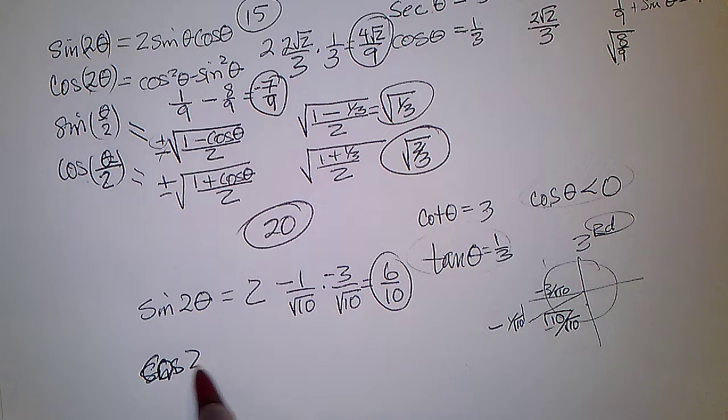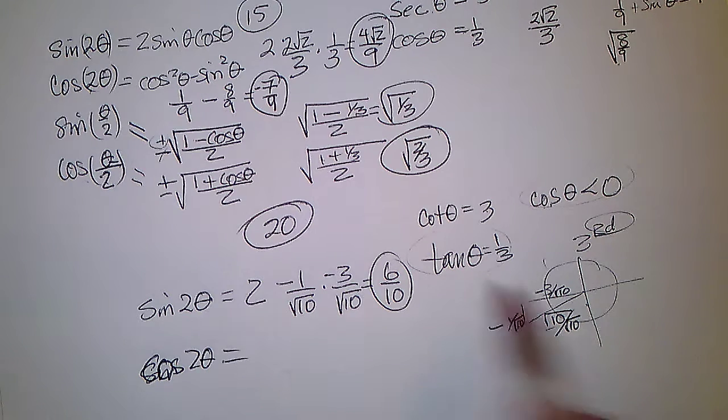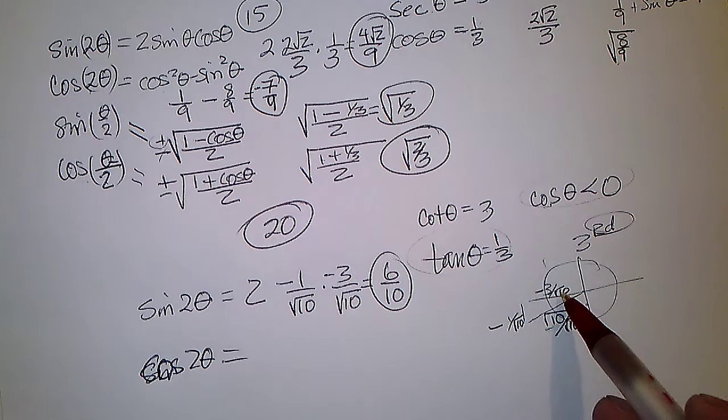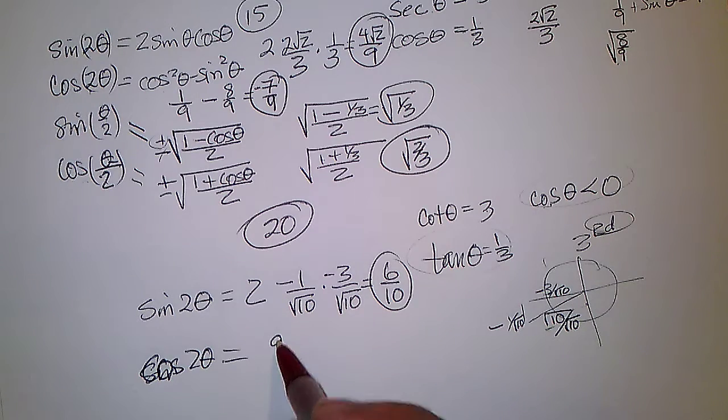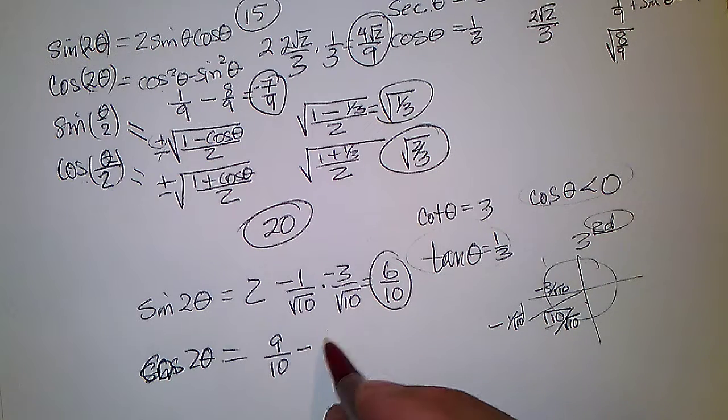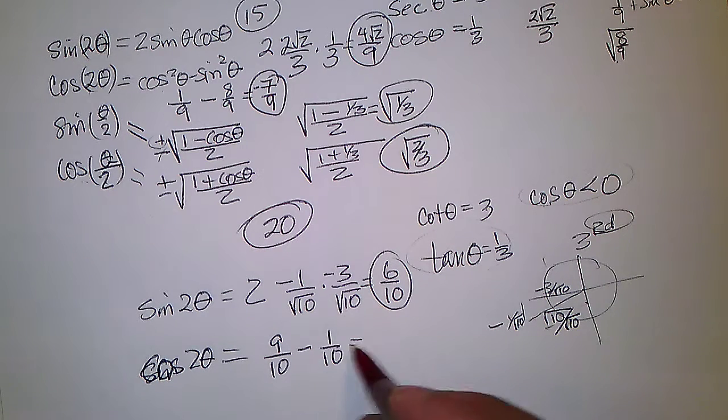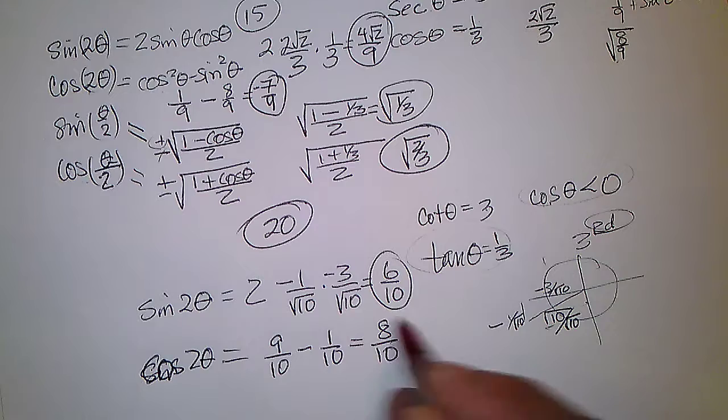Cosine 2 theta is cosine squared minus sine squared, so that would be 9/10 minus 1/10, which is 8/10.